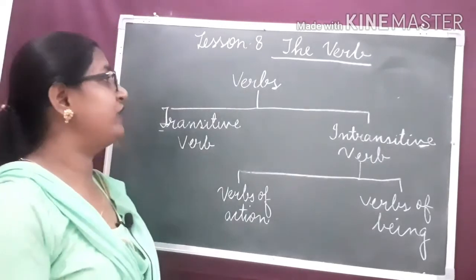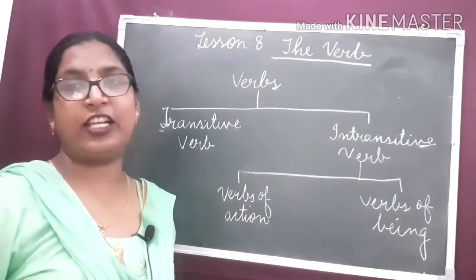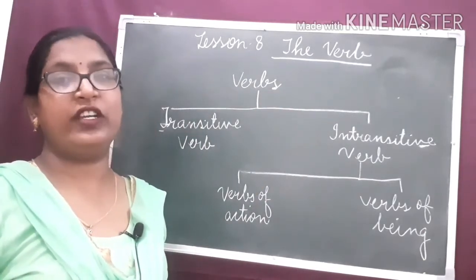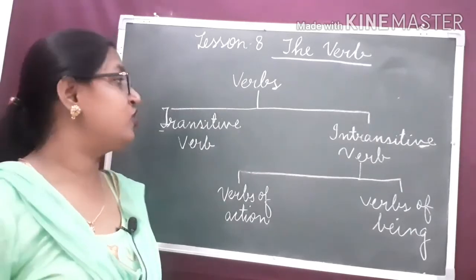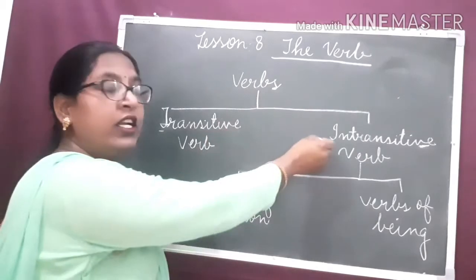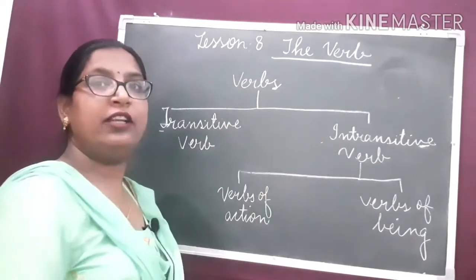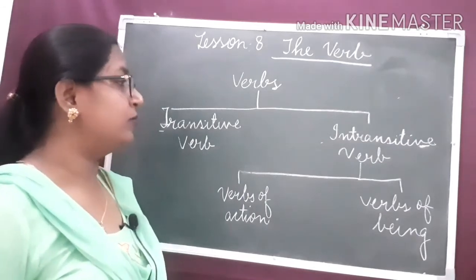Now, dear children, look at this diagram which is showing the different types of verbs which we are going to study in this chapter. Verbs can be transitive or intransitive. Transitive verb or intransitive verb.